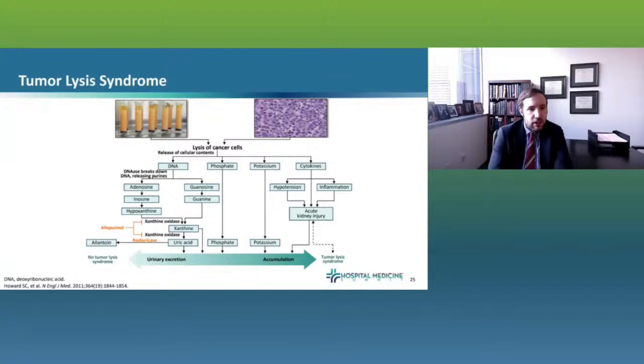So for example, we have a patient that comes in with Burkitt lymphoma and they have a very high risk of TLS, and we're concerned that they're going to develop TLS, so we're going to put them on some allopurinol prophylactically. Their uric acid is normal, but we still feel like prophylactic allopurinol is warranted.